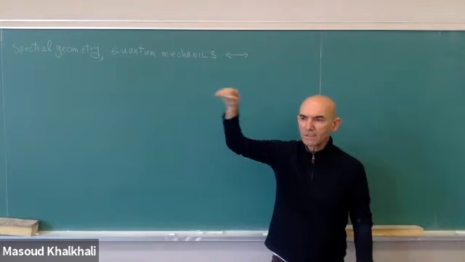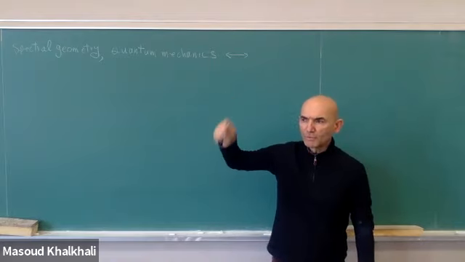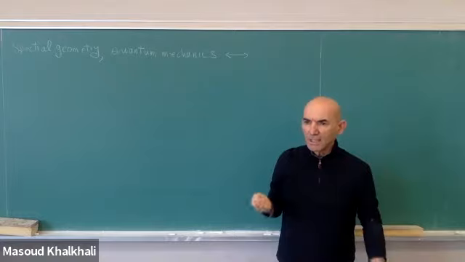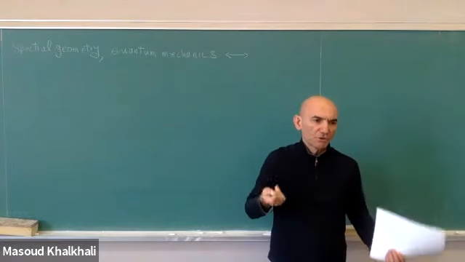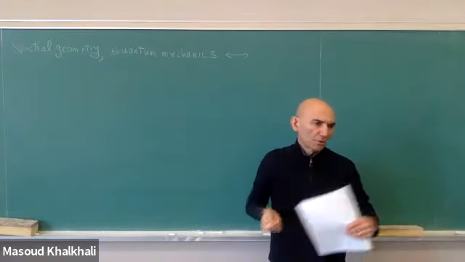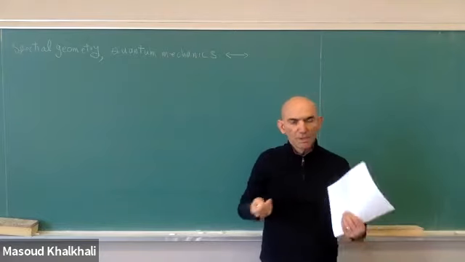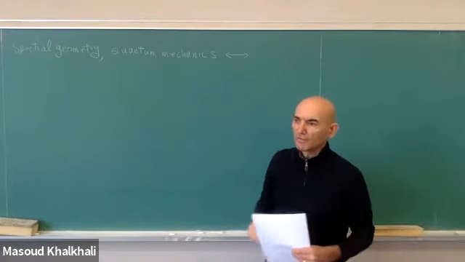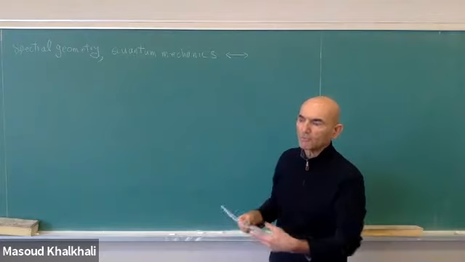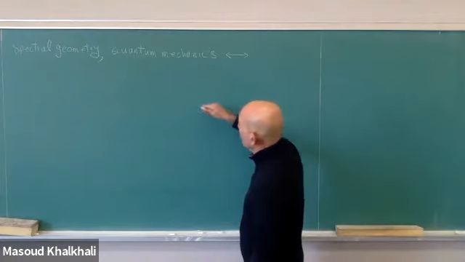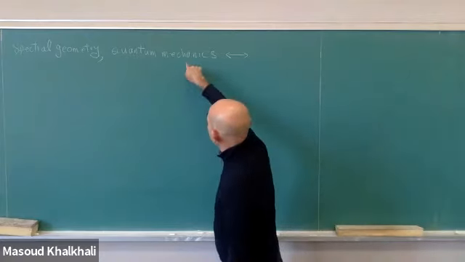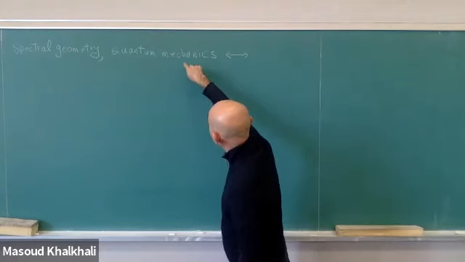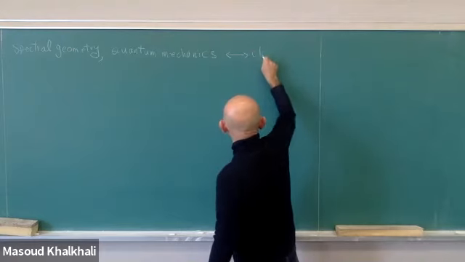It comes in many different forms, but the idea is that in some limit, in some regime, quantum things should correspond to classical. So classical things should be first order approximations of quantum effects.